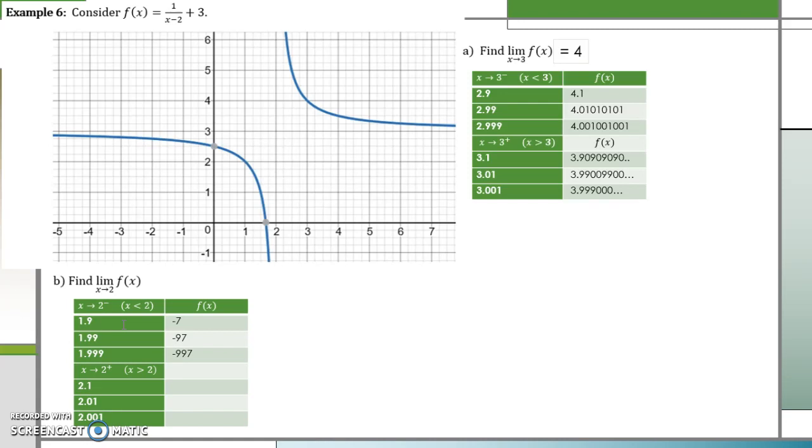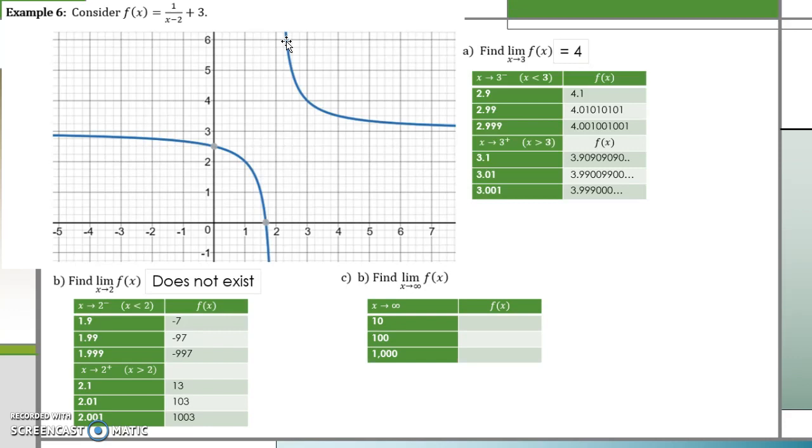So no pattern. Similarly, what if we approach 2 from the right-hand side? It looks like we're going to get large numbers, 13, 103, and 1003. Since the limits as we're approaching 2 from the left and from the right are not the same, the limit does not exist at 2.